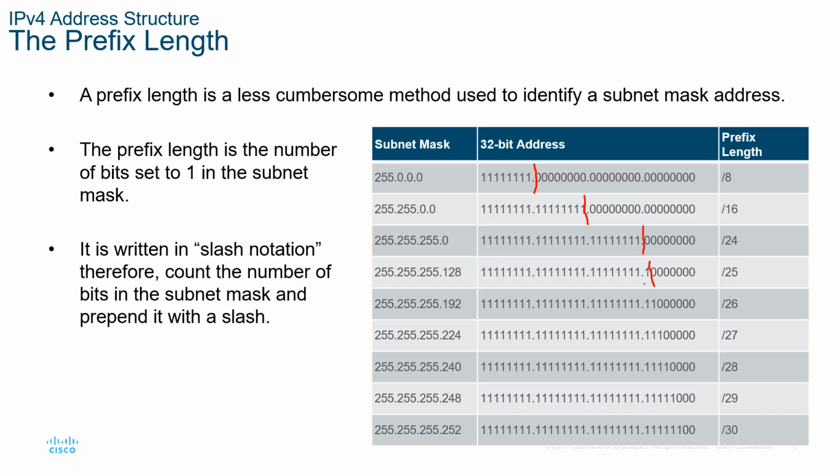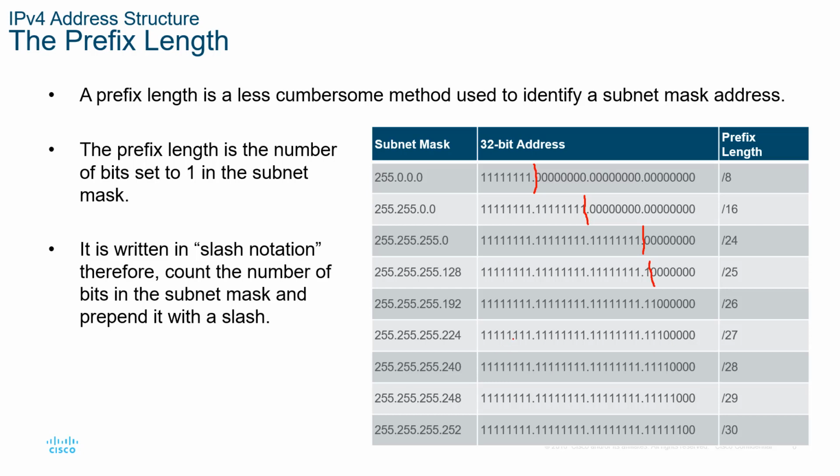As we go down further, all of these get deeper into the fourth octet. This is called slash notation: /8, /16, /25. That just means there are 25 ones out of the 32 bits.